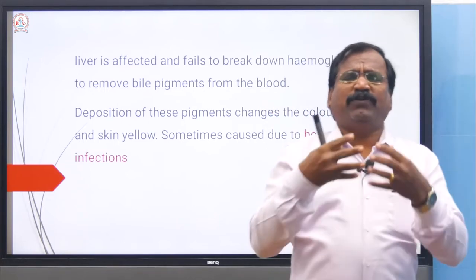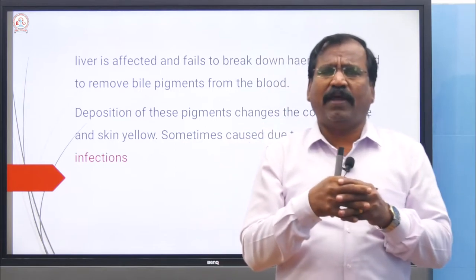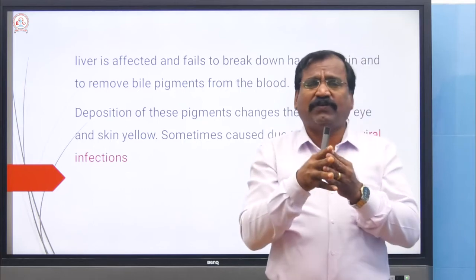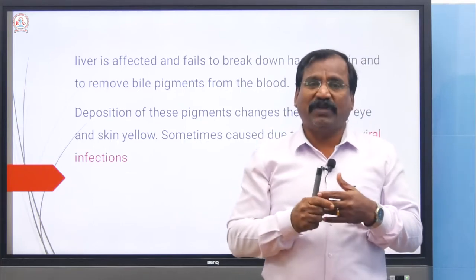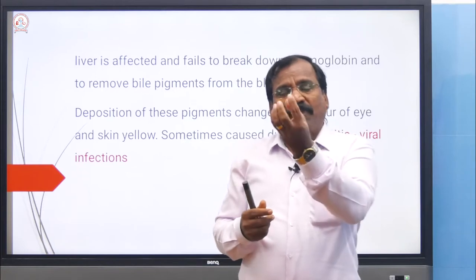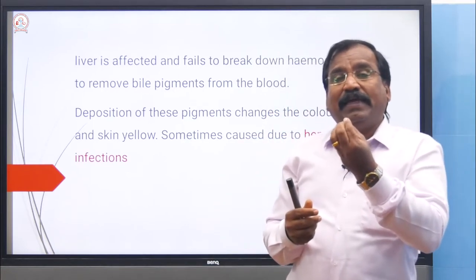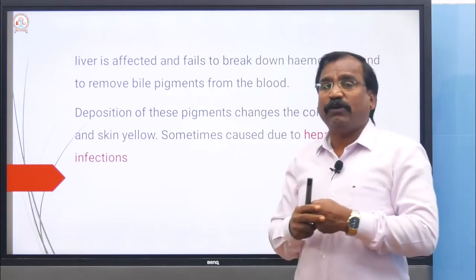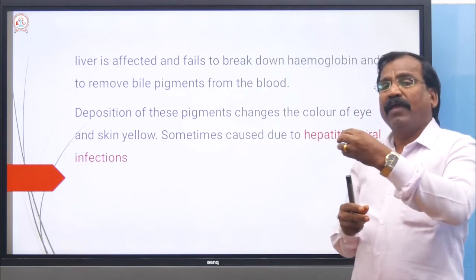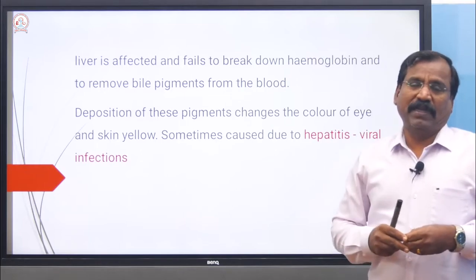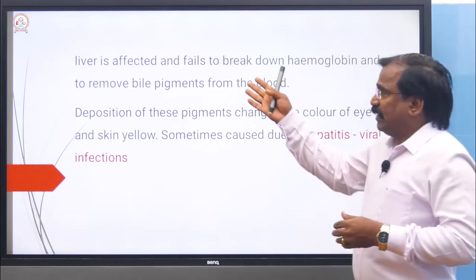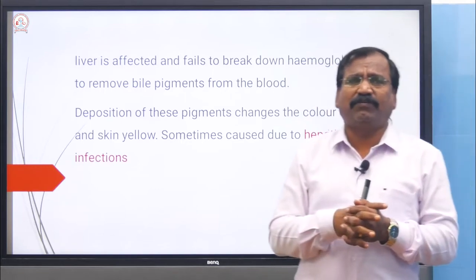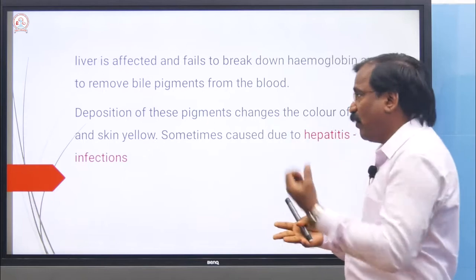Not only does it produce bile juice for the digestion process, some other functions we have also discussed. The liver is called the graveyard for RBC, where aged and defective RBCs are buried. So if the liver is affected, the hemoglobin pigments are not removed, not buried.